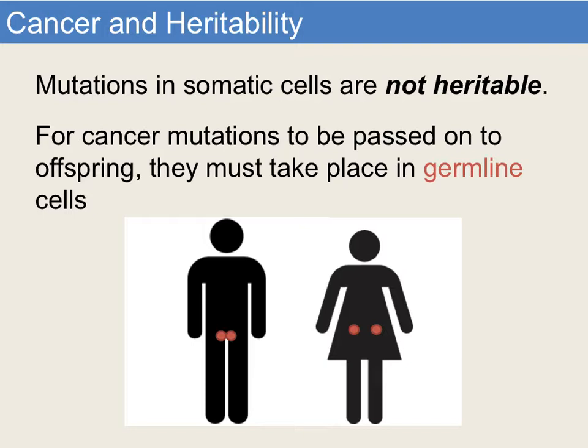Most cancer is in somatic cells or autosomes. Autosomes are not heritable. In other words, you're not going to pass on a mutation that causes cancer to your offspring if it's in an autosome or somatic cell. That's only going to happen if it's actually a germline cell.